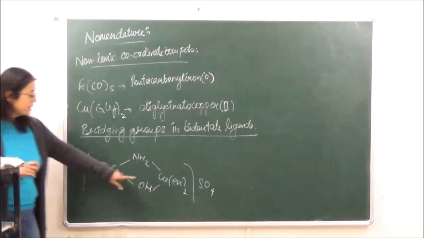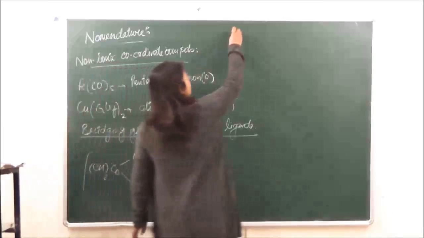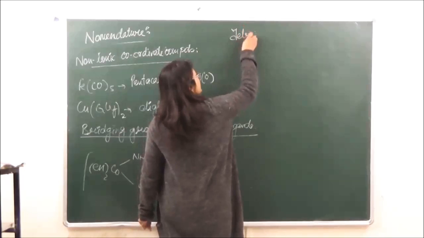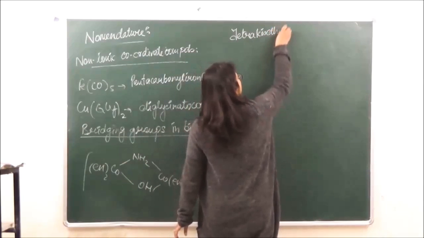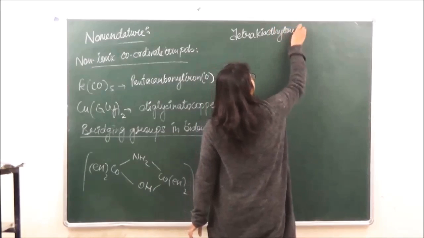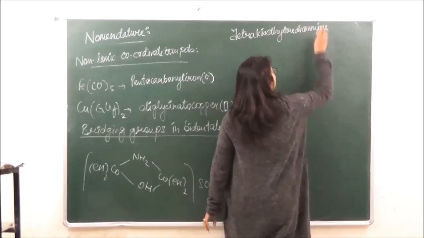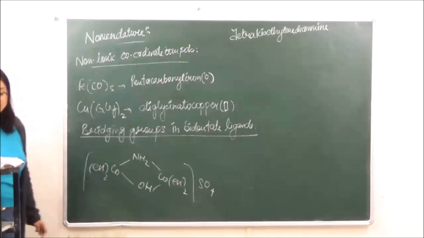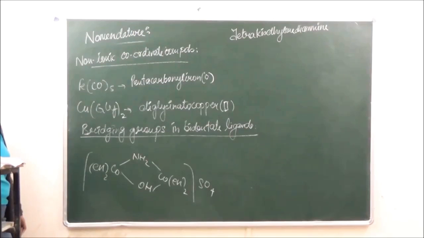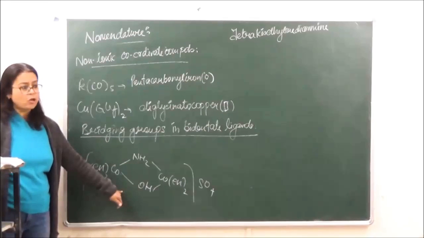So you can see over here that there are 4 ethylene which are present. So 4 ethylene means what? Tetrakis, ethylene, diamine. We will write it as tetrakis(ethylene-1,2-diamine), or you can write it as ethylenediamine, and then you have, this is one amido and this is hydroxo.